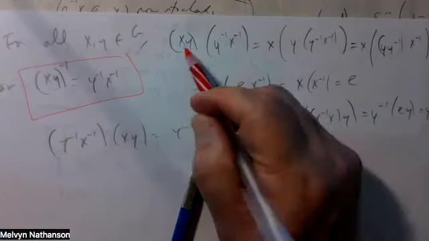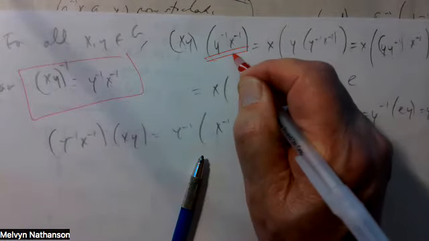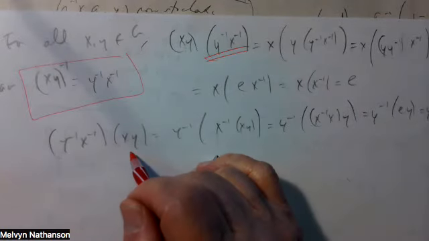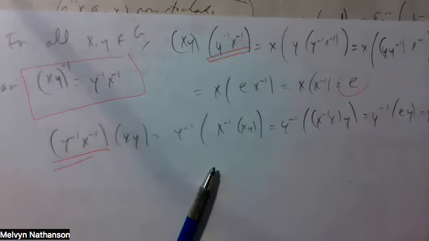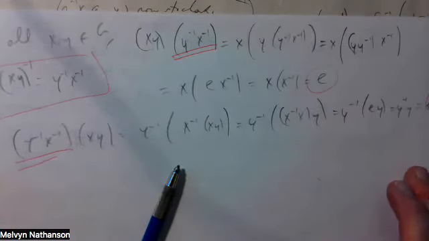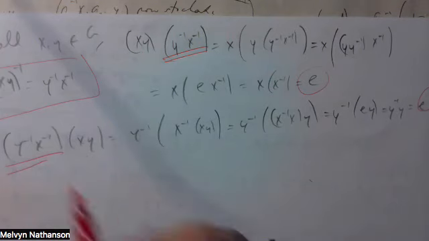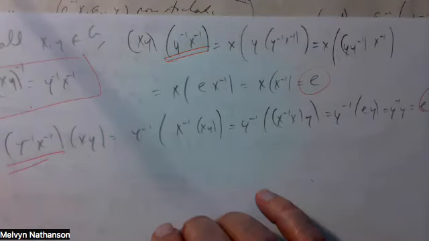So if I take xy and I multiply on the right by this, or I take xy and I multiply on the left by the same thing, in both cases, I get the identity. So that's the proof of this assertion.